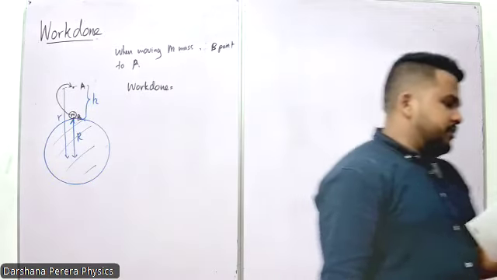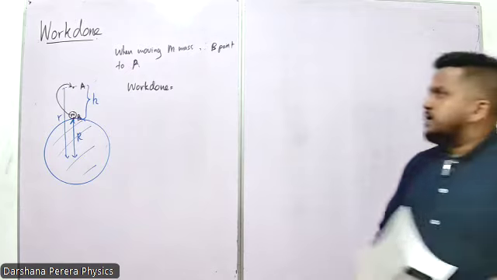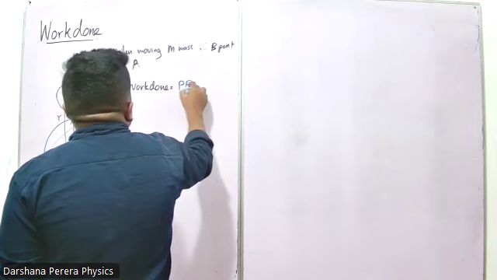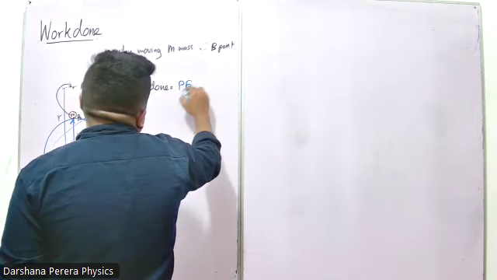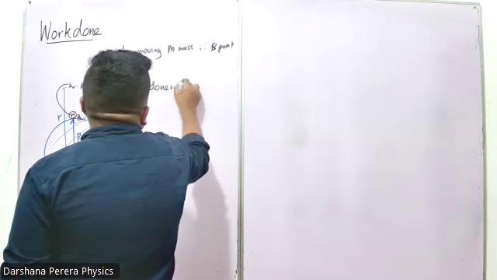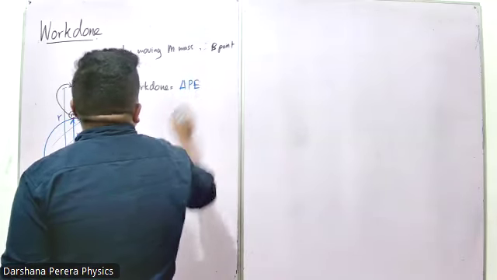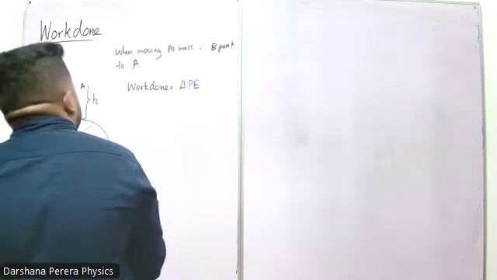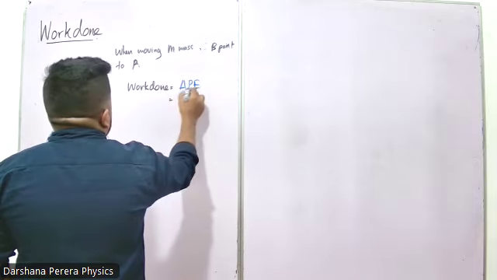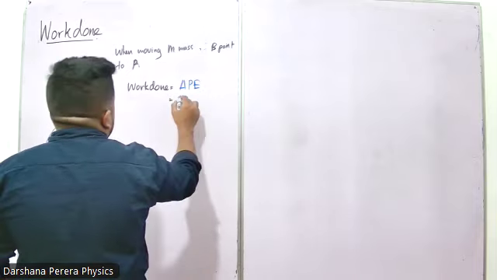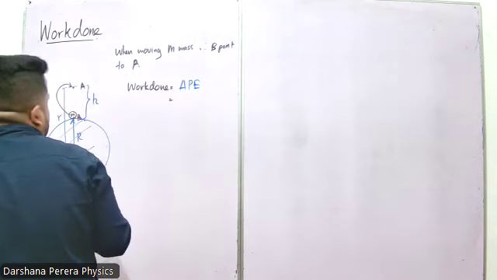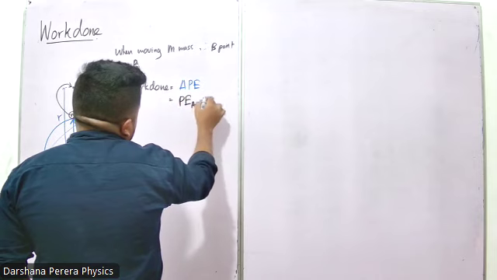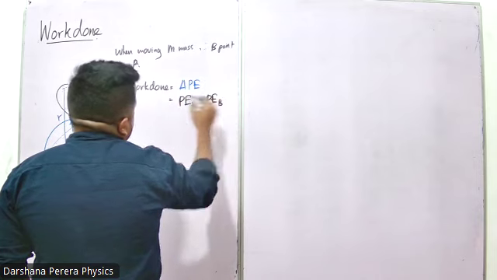As a conservation of energy, we can say work done equals the potential energy difference, delta PE. This is a kind of conservation of energy, right? The potential energy is higher at A. So I write PE_A minus PE_B. Okay.